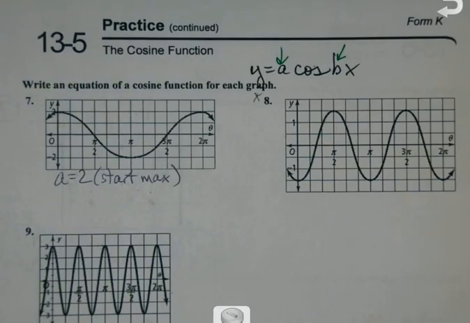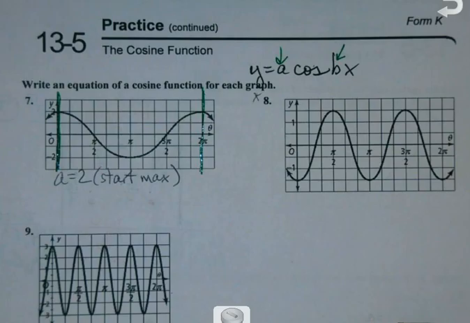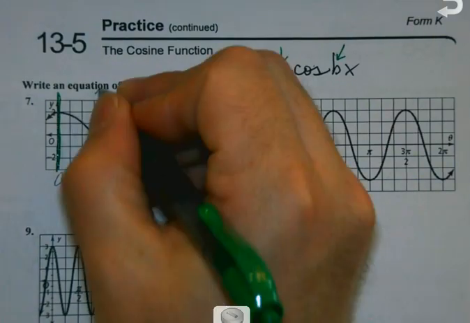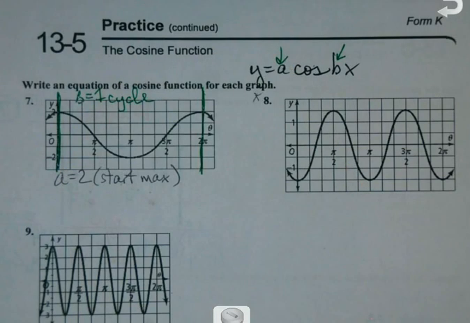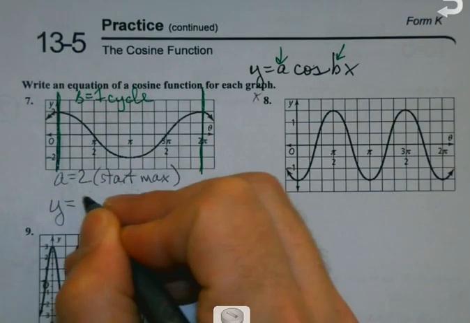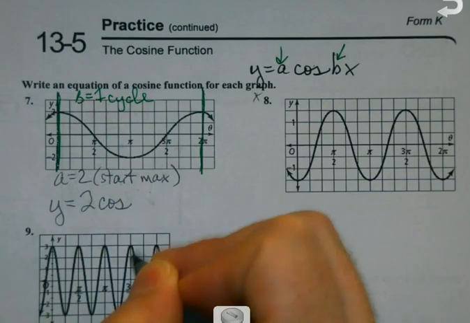So once I get that, then I'm like, okay, how many cycles are there? Well, let's look between 0 and 2 pi. Looks like 1 cycle, which means my b value is going to be 1, which means when I go to make my equation, y equals a cosine of b.